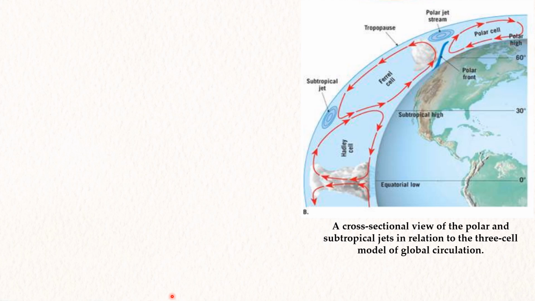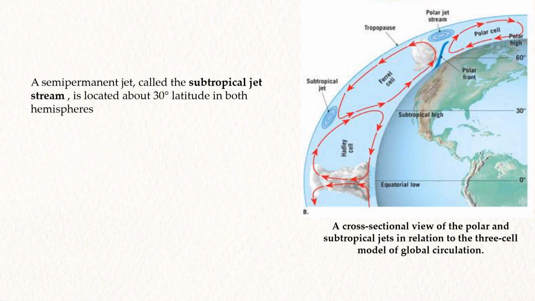And this subtropical jet stream is a semi-permanent jet located about 30 degrees latitude in both the northern and southern hemispheres. That's why it's called the subtropical jet stream.